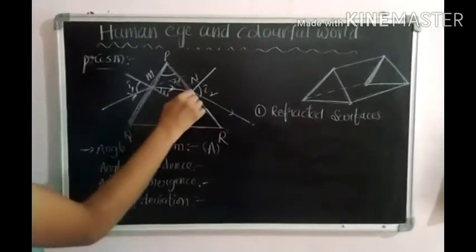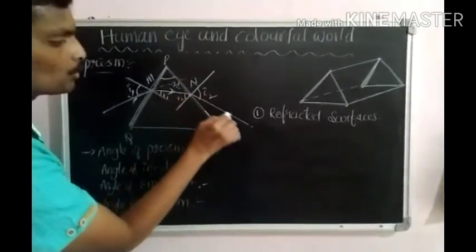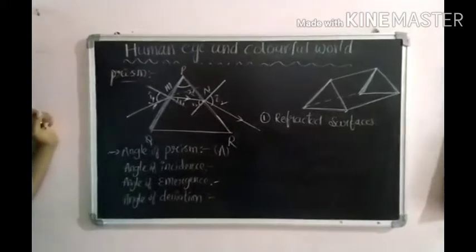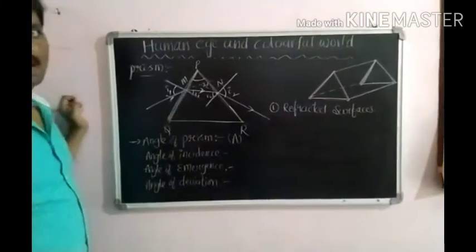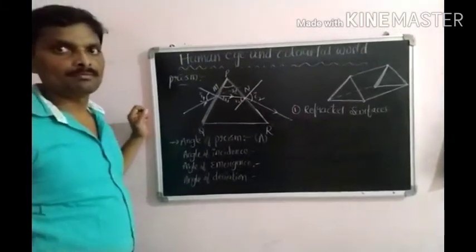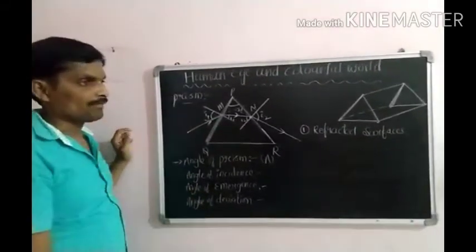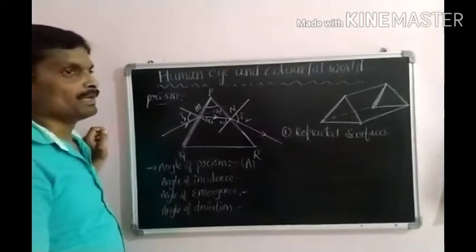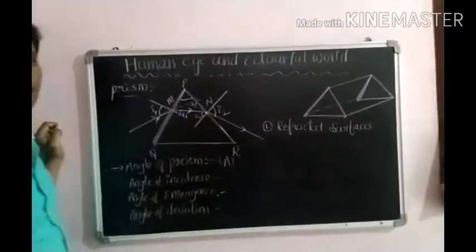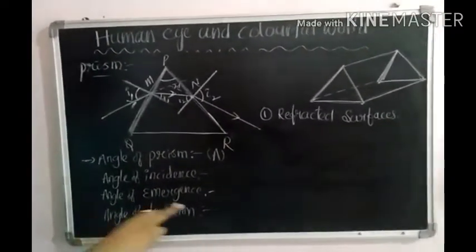Let me take this point as the point of emergence. Here this ray is said to be the emergent ray. The ray which is coming out of the prism is said to be the emergent ray. What is the angle of emergence? The angle made by the normal with the emergent ray is called angle of emergence.